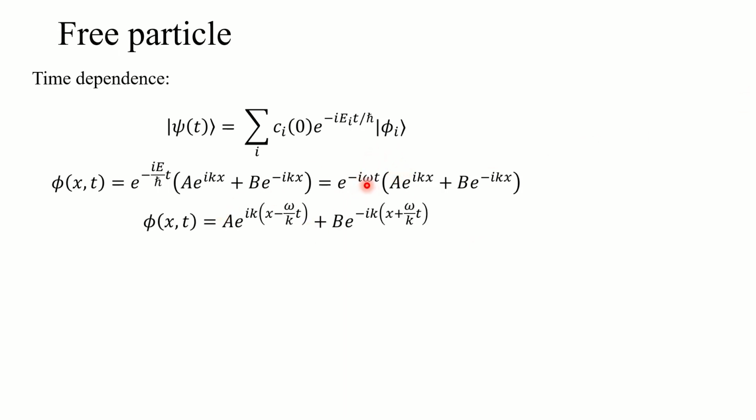We can bring the omega and the i into these brackets and then factor out the k. And this is what we end up getting: e to the ik(x minus omega over k times t), e to the negative ik(x plus omega over k times t).